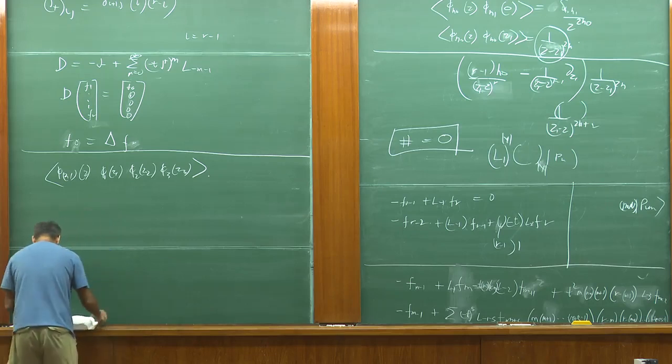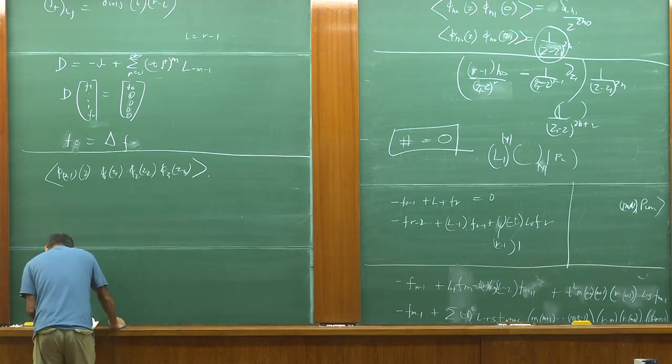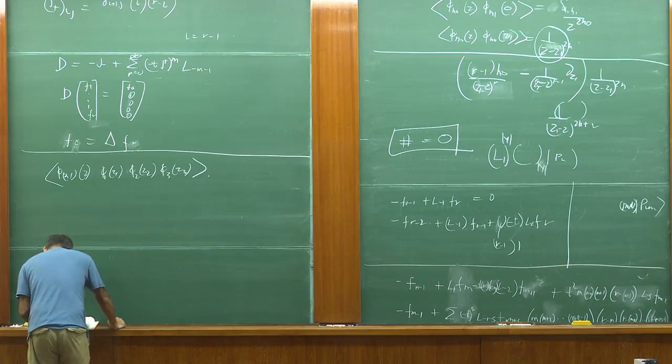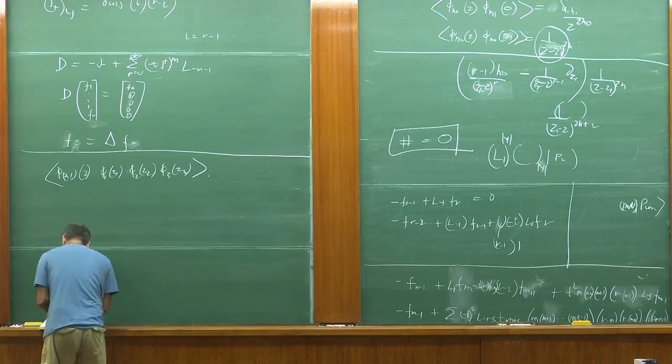It was L minus 1 squared and L minus 2, but with some linear combination which I'm searching for. 8.46.